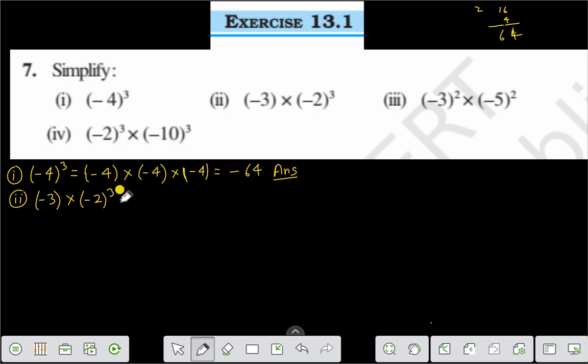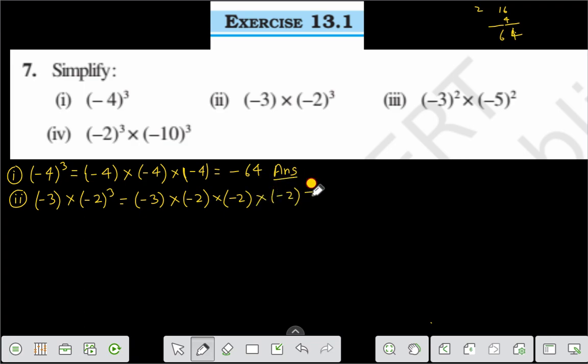And it can be written as minus 3 into minus 2 into minus 2 into minus 2.